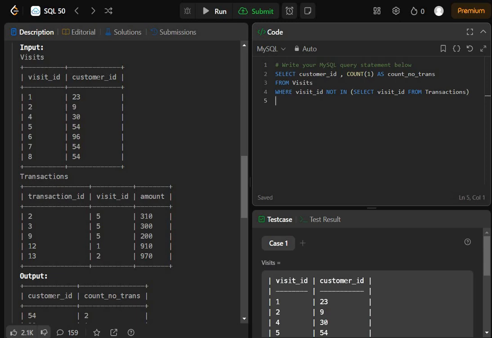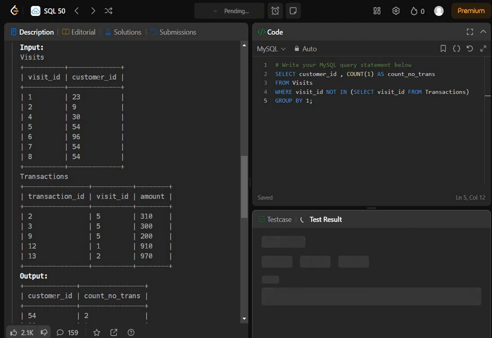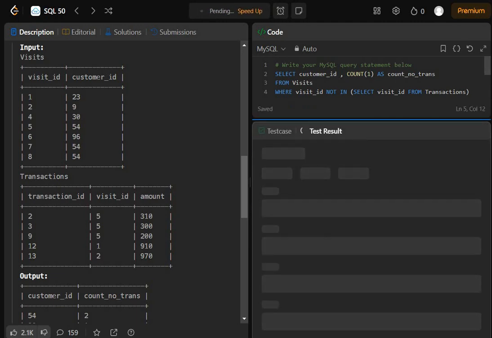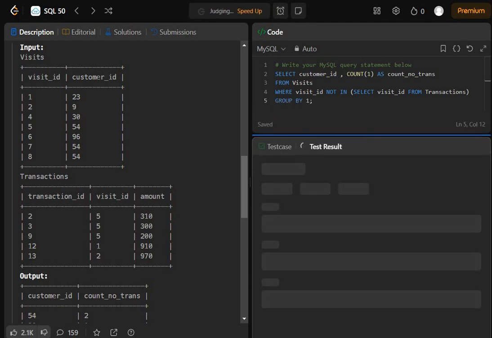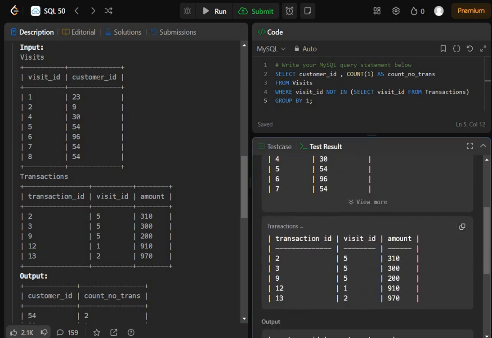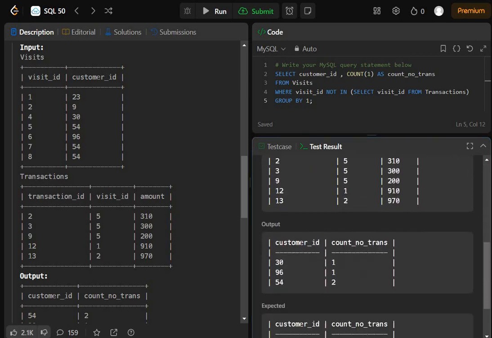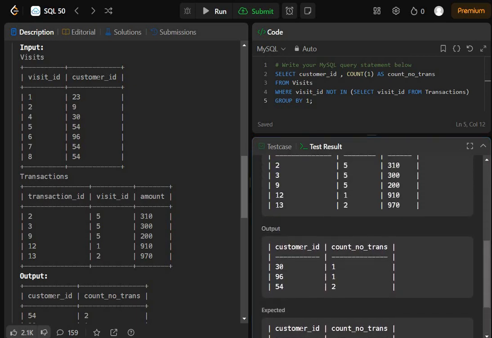Okay, and then we will group it. Group by. Fine. Now let's run this query and check. So our query is accepted, and here we got our expected results.